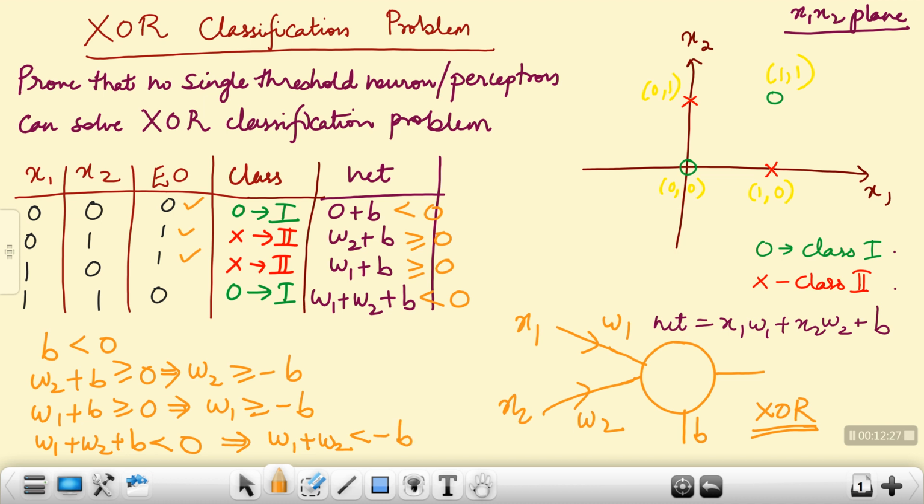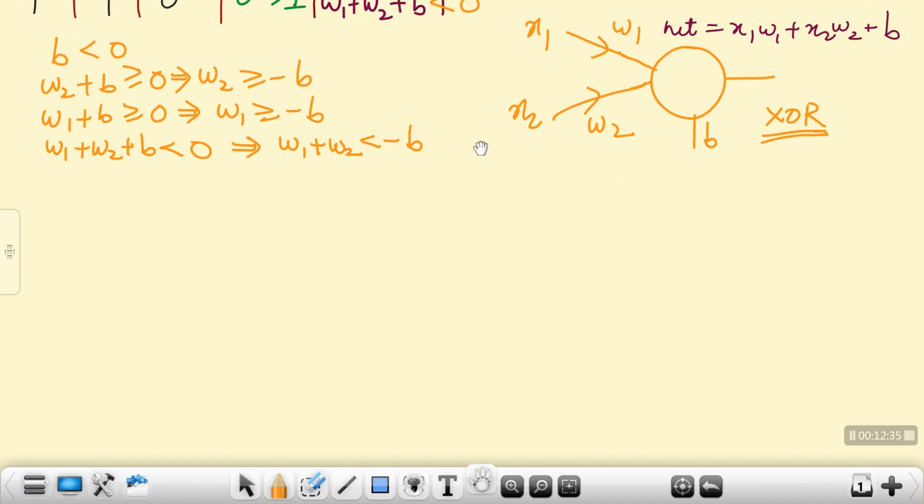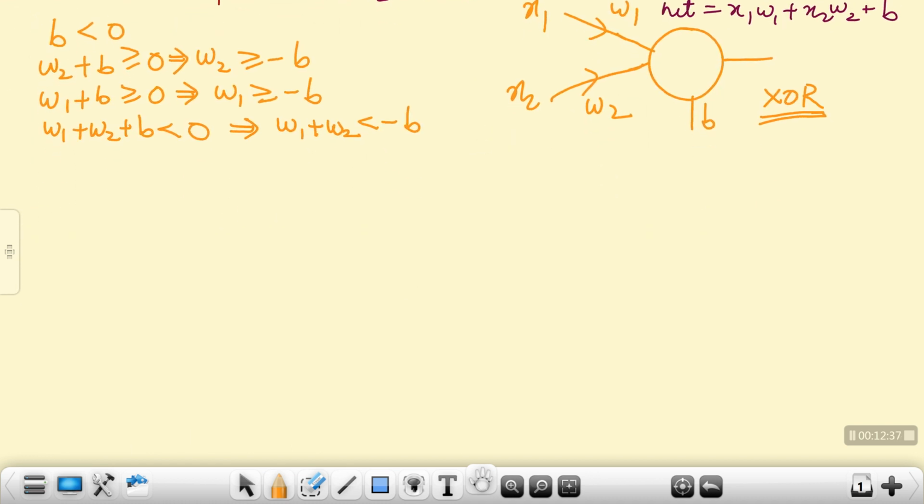Now is it possible to satisfy these conditions? We shall take an example and check. Since bias should be less than 0, we make bias equal to minus 0.5. So this condition gets satisfied.